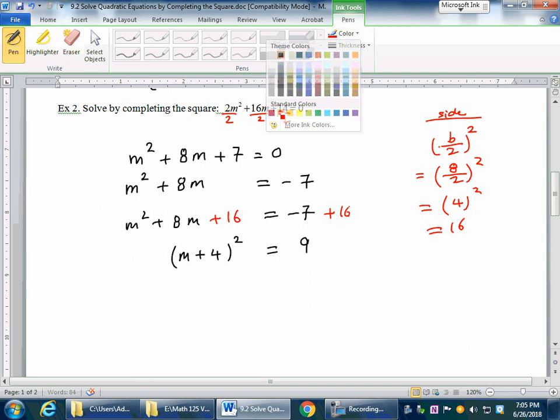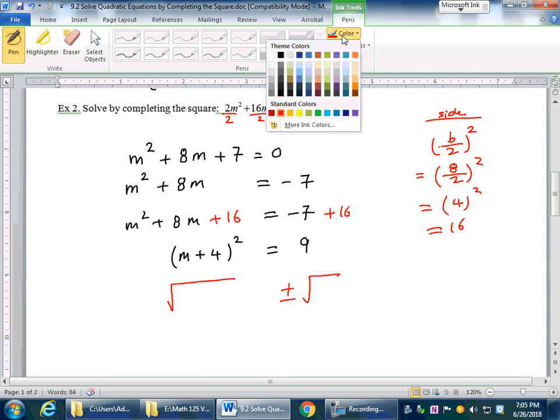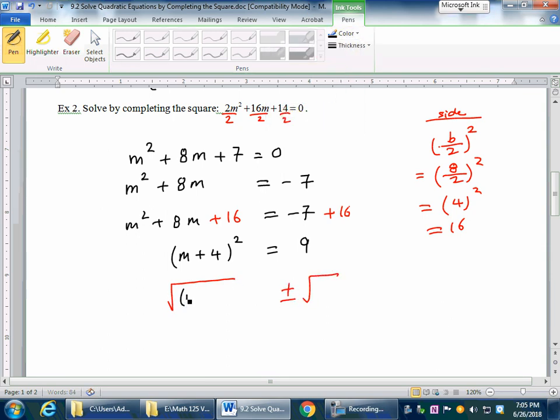Now, it also gives us the format where the square root property is applicable. So we take the square root on both sides. That becomes m plus 4 equal to plus or minus square root of 9, which is m plus 4 equal to plus or minus 3.